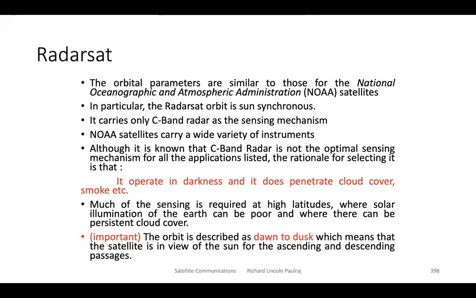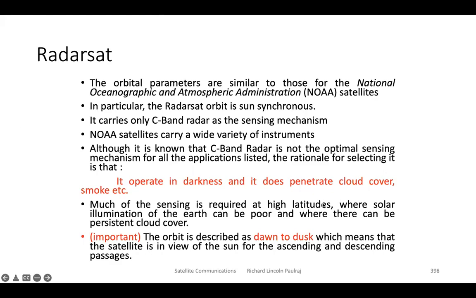So the highlight of a C-band radar is that it can operate in darkness. And it does penetrate cloud cover and smoke, so it can just pass through. There is literally nothing that can block the vision of the satellite.